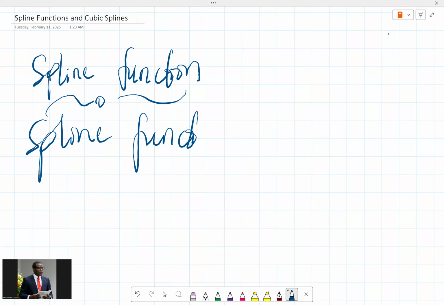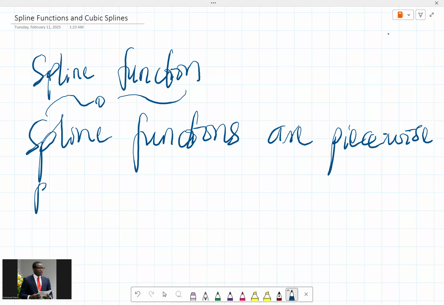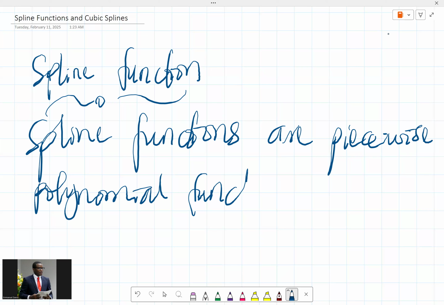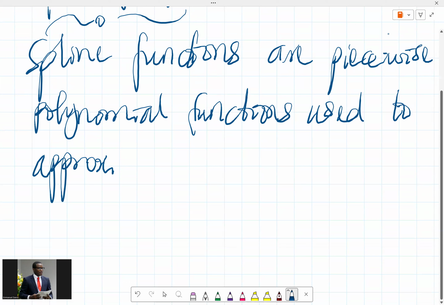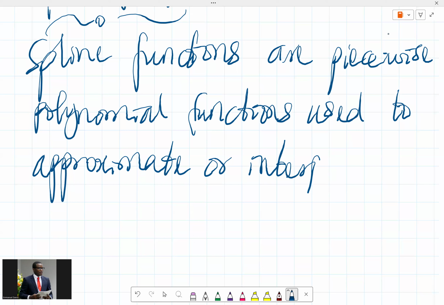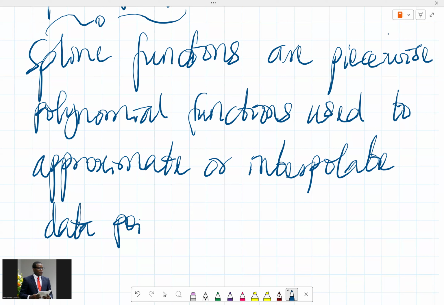Spline functions are piecewise polynomial functions used to approximate or interpolate data points smoothly.